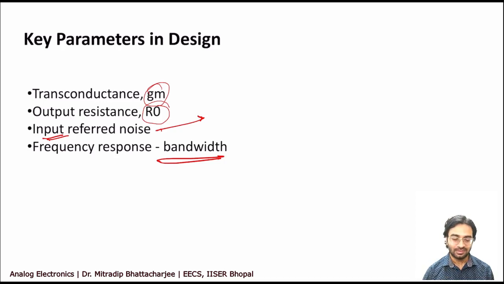Gain bandwidth relation is something like the multiplication of gain and bandwidth is constant. Although this can be violated by external circuits, there are ways, generally it is said that the product of gain and bandwidth is constant. In that case, if you want a high bandwidth, say 1 gigahertz, you will find your gain is very less.